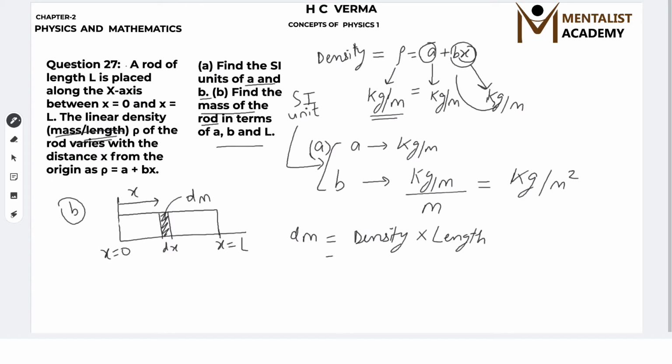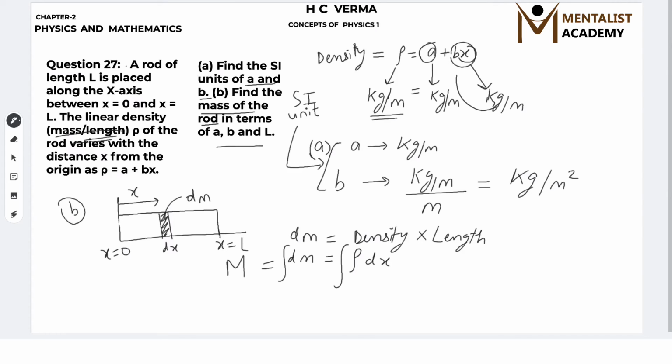Density of the rod is rho and length is dx. So this is the mass of this small element. If we have to find the mass of the entire rod, then we will simply integrate this small mass and we can find the mass of the entire rod.